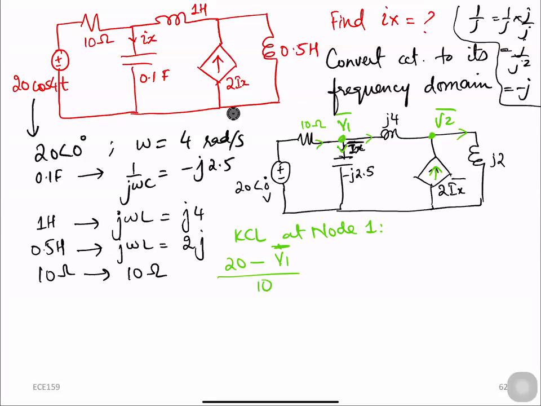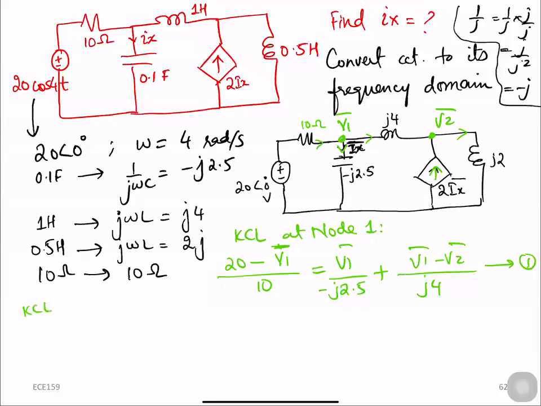So remember Kirchhoff's law: the current entering equals the current leaving. So the current entering node 1 is only this current, and the rest of them are leaving currents. So the leaving current is going to be V1 over negative j2.5 plus V1 minus V2 divided by the inductor j4. So this is our first equation at node 1.